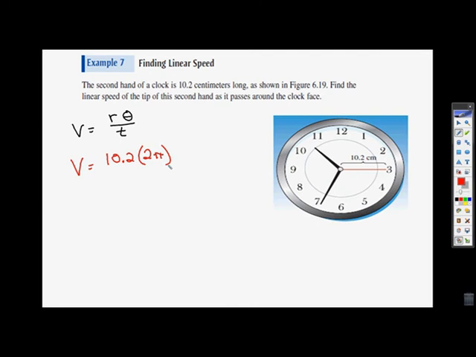Well, it takes 60 seconds. So if we multiply straight across, we get 20.4 pi divided by 60. And if we punch that into our calculator and round, we get approximately 1.068 centimeters per second. Our units in the numerator were centimeters. Our denominator was in seconds. So it's centimeters per second.